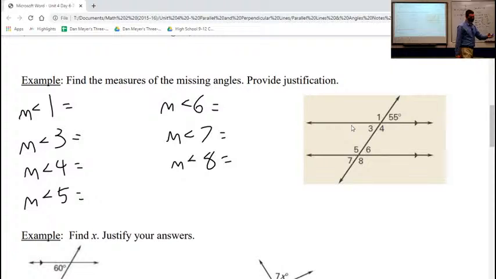Or it should be supplementary to angle 2, which means they got to add to what? 180. And so adding to 180 means that the other angle had to be 125. So 55 and 125 add to 180. So your answers for all of these should either be 55 or 125 for each angle. So some of them will be 55, some of them will be 125. I'll show the answer to this when we come back and finish up these notes on Thursday.